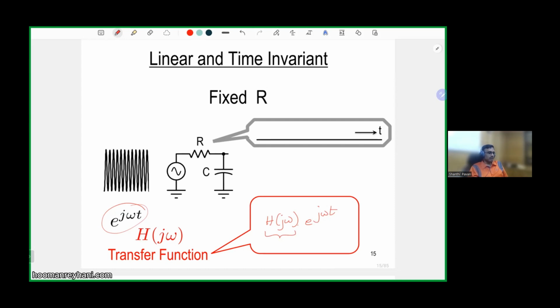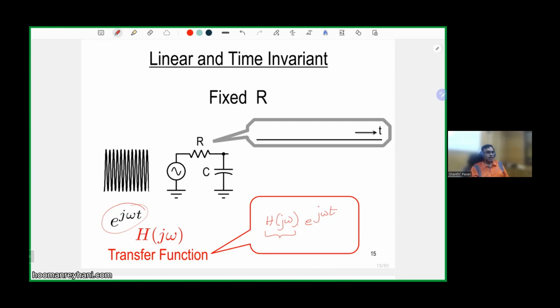So in other words, the input sinusoid experiences a gain, H of j omega, which of course depends on the input frequency. That's all right, but the gain is a complex number. So in other words, it means that it has both a magnitude change and phase shift. So this is basically like an input sinusoid into a linear time invariant system leading to an output sinusoid.